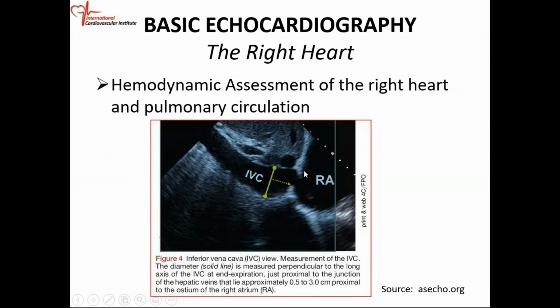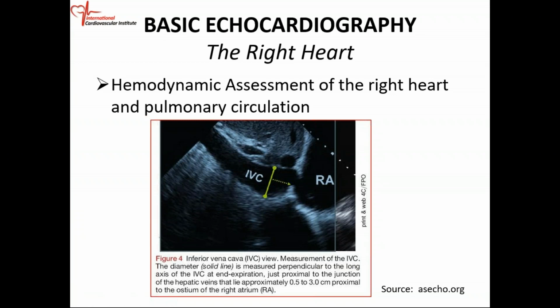This is the subcostal view. The right atrium is right there. This is your IVC. This is the liver. This is the hepatic vein. So just proximal to the, just before the hepatic vein, you're going to measure, okay? And the measurement should be in end expiration, okay?